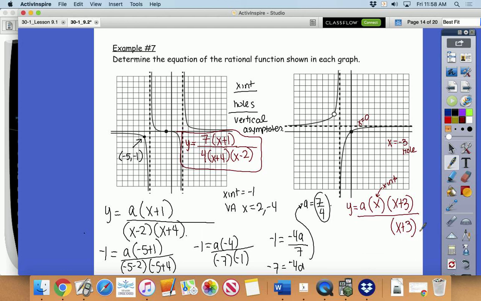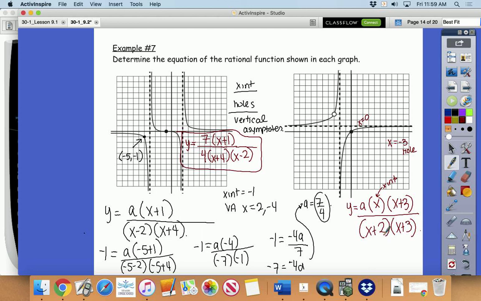We also need to include that vertical asymptote. In this case, the vertical asymptote is occurring at -2. So the factor that represents that would be x plus 2. That's x equals -2, the vertical asymptote, which is x plus 2 as a factor.